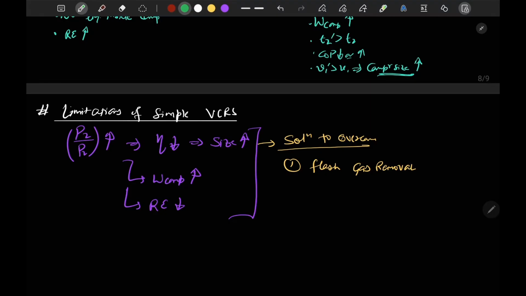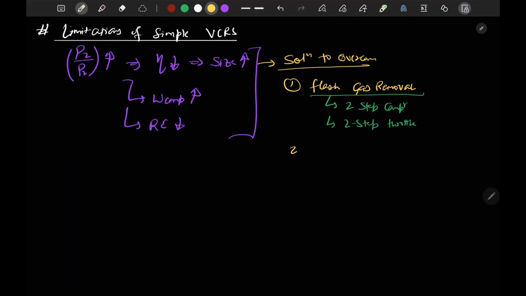In case of flash gas removal, since the pressure ratio is high, we do compression in two steps: two-step compression and two-step throttling. And the second way is flash intercooling.